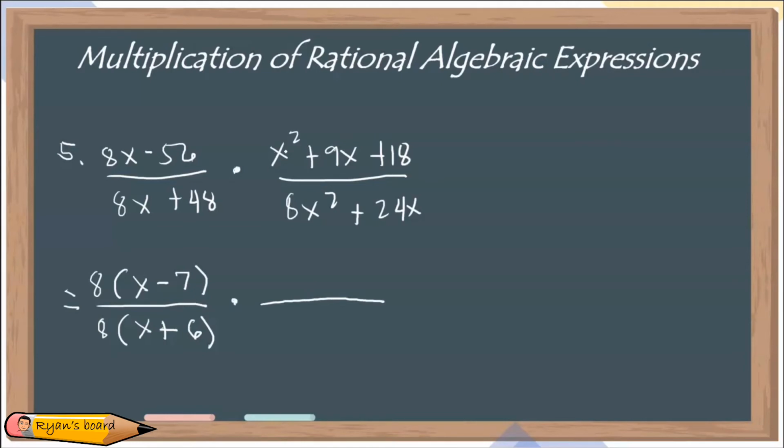Okay. Now, meron bang common factor itong x squared plus 9x plus 18? I think wala. So, we will try general trinomial. Okay. So, we have factors ng x squared, that's x. Anong factors ng positive 18 na pag-plus ay 9? Ano kaya iyon?